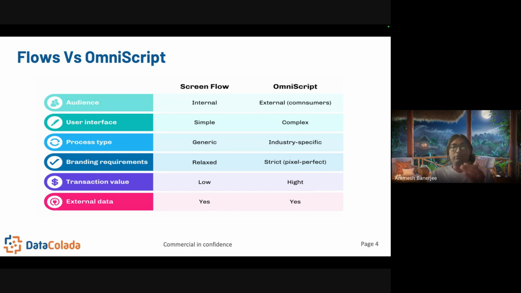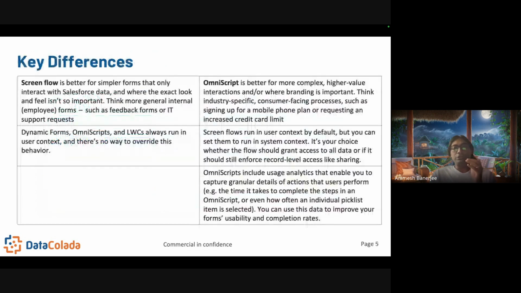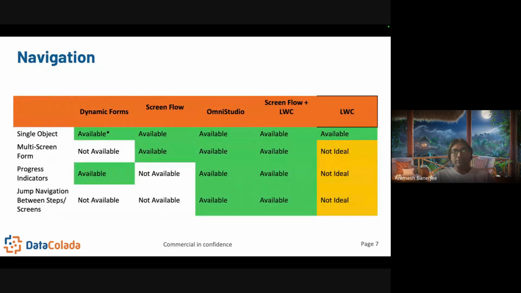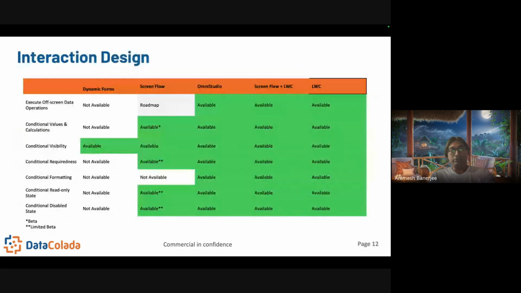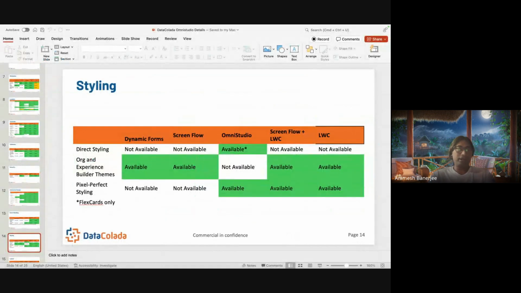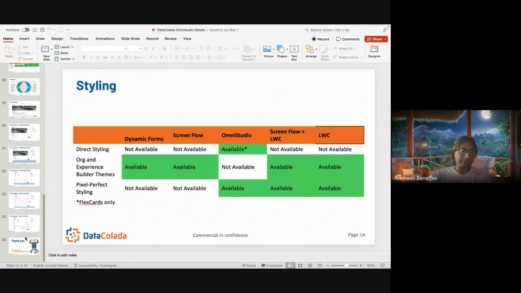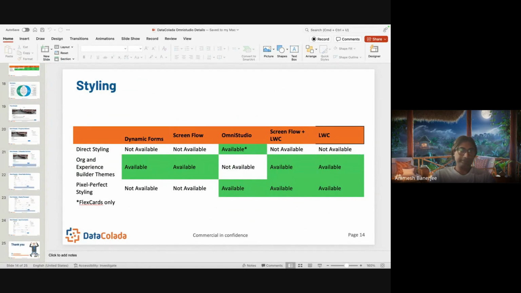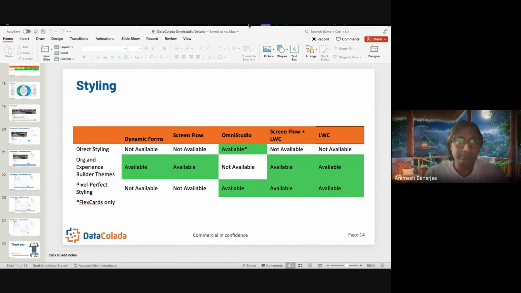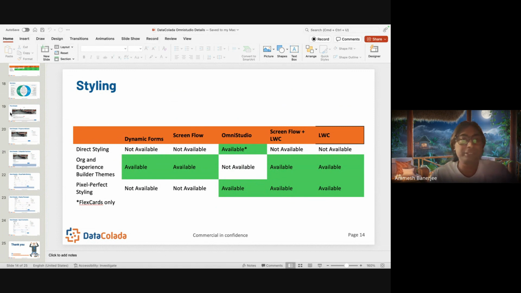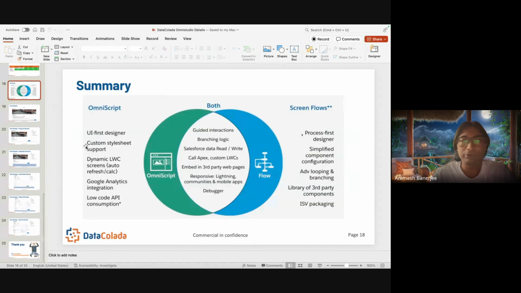Please remember, OmniScript is the UI component of OmniStudio. OmniStudio has many things. So I will now go into that function. Give me 1 second. This will give you a lot more deep dive.